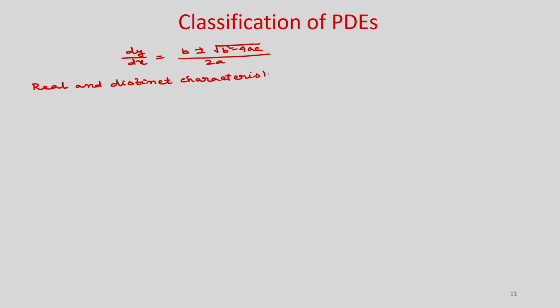So, dy by dx is equal to b plus minus root b square minus 4 ac divided by 2a. If you have real and distinct characteristics, then this will be a mathematically hyperbolic equation.